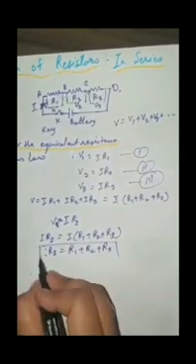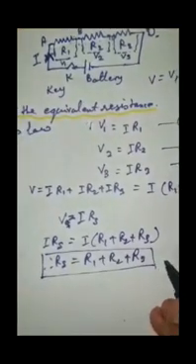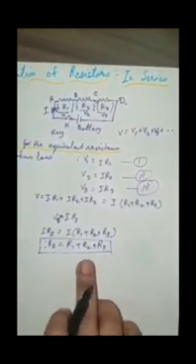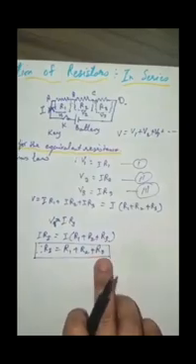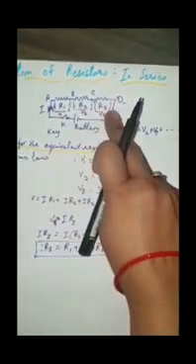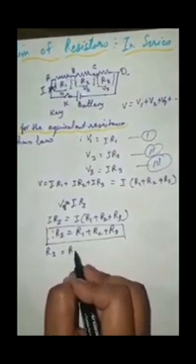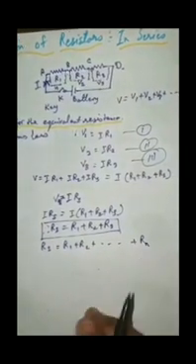This is the expression for the equivalent resistance when the resistors are connected in series. Thus in the series combination, the equivalent resistance is equal to the sum of the individual resistances. If you are using n resistors joined in series, then your formula will be RS is equal to R1 plus R2 plus up to Rn.